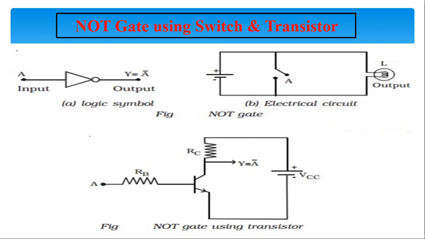Then NOT gate using switch and transistor. Let us now discuss the NOT gate using switch and transistor. The definition of NOT gate is: it is a gate with only one input or single input and only one output.